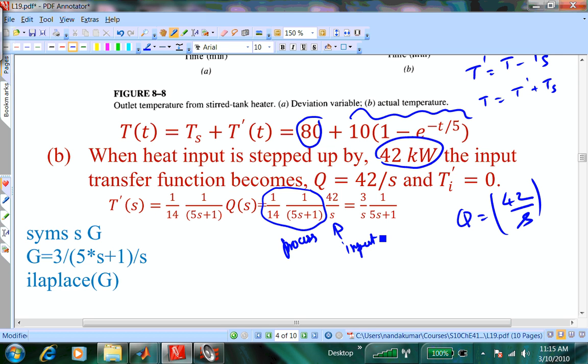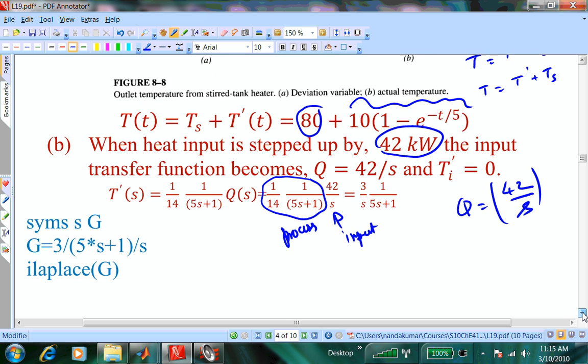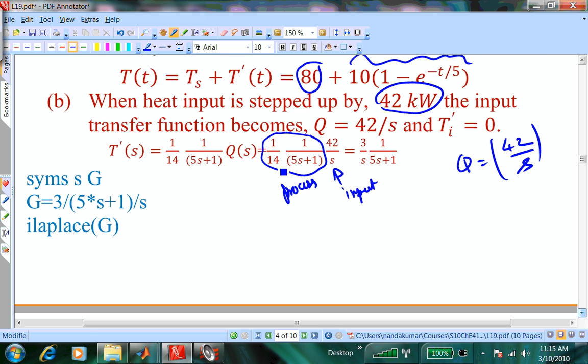So far, we've only done step changes with one variable. In the next part, we will do both variables. When you say both variables, both T prime and Q? Yes. Because of superposition, it is additive. That's the beauty of linearization. Here I'm canceling this 42 with 14, so I get a net effect of 3.